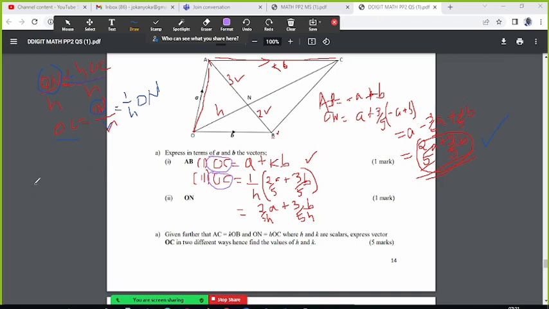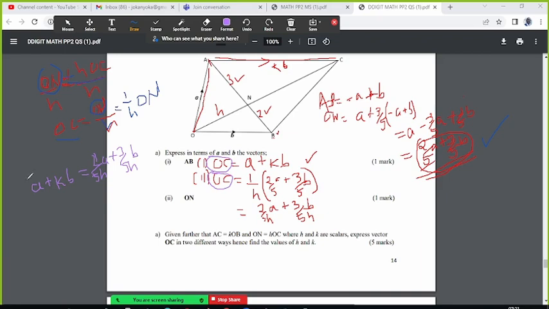So we can say A plus KB equals 2 over 5 H A plus 3 over 5 H B, because these two vectors are the same.